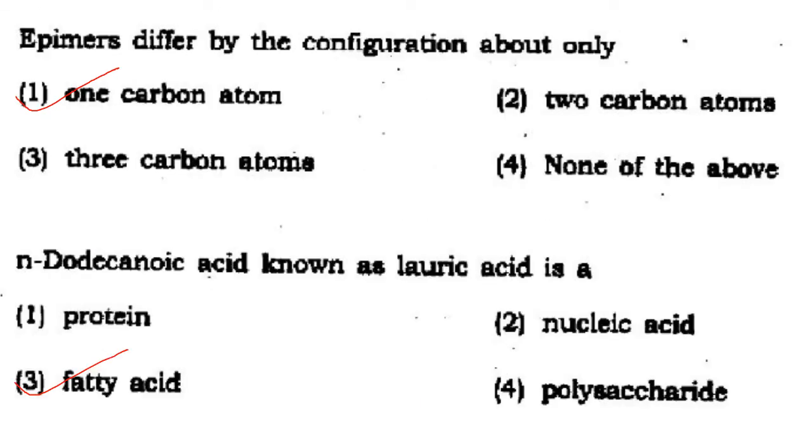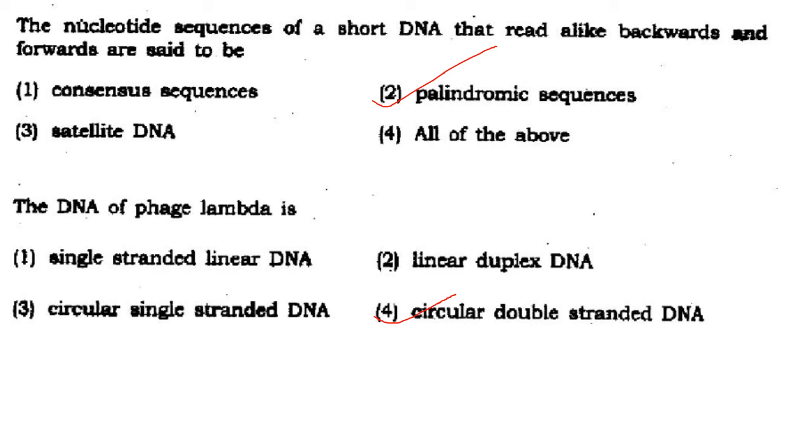Epimers differ by the configuration about only 1 carbon atom, 2 carbon atom, 3 carbon atom, none of the above. Answer is 1 carbon atom. N-dodecanoic acid, known as lauric acid, is a protein, nucleic acid, fatty acid, polysaccharide. Answer is fatty acid.